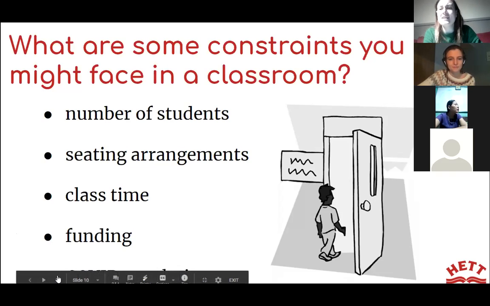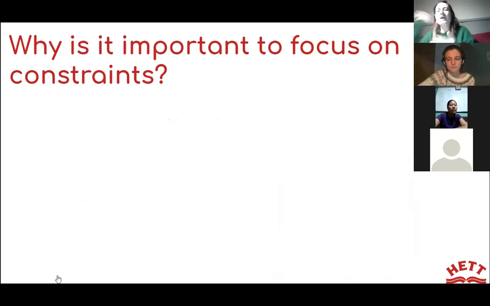So why is it important to focus on constraints? Why do you think we're talking about it in this class today? Why is it useful to talk about it?